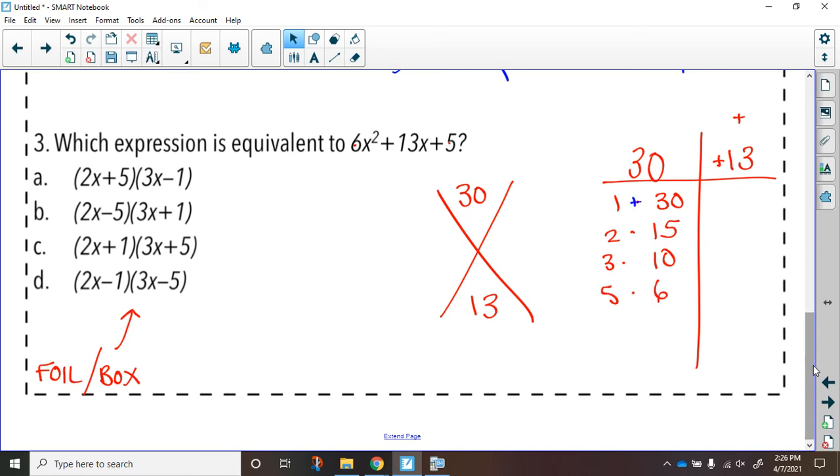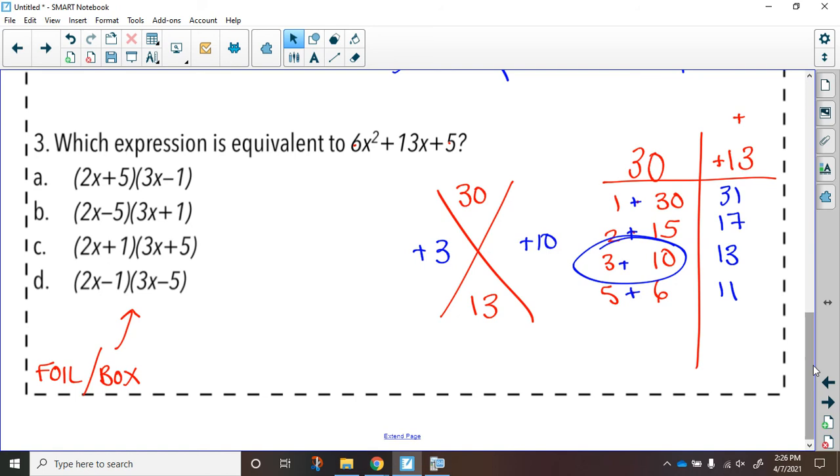And when I add up all of these terms, I get 31, 17, 13, and 11. So the two terms I'm going to be using is 3 and 10. So we got a positive 3 and a positive 10.